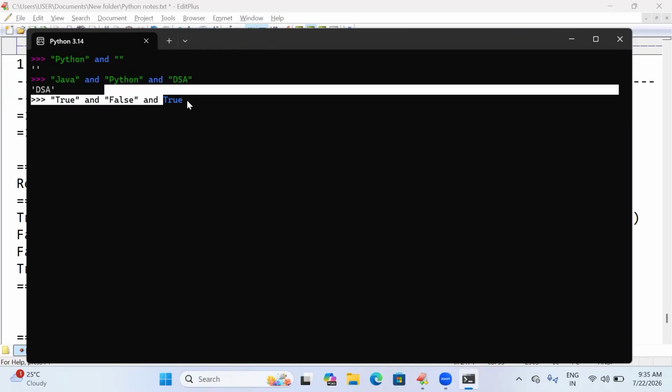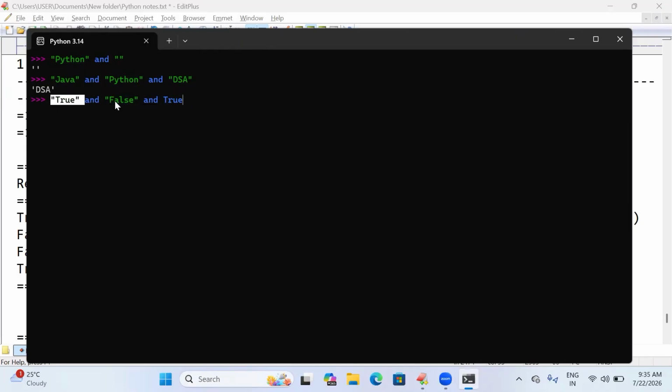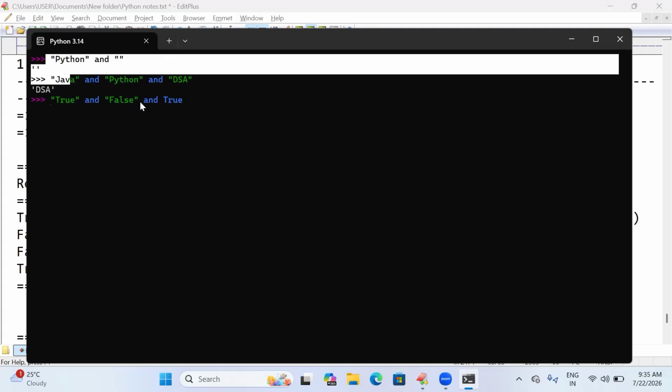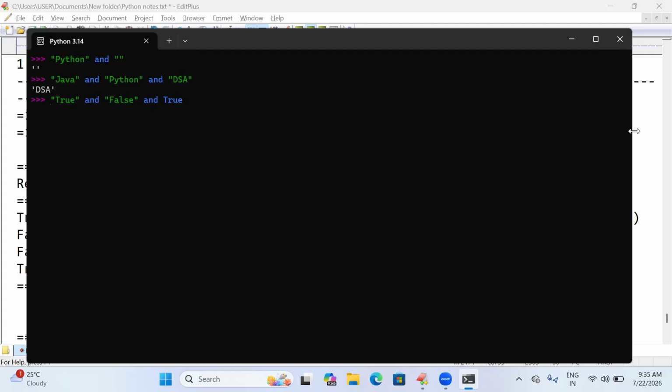True and false and true. Before I explain, understand these previous concepts and try to answer yourself. Now I'm going to explain this. This true is declared in double quotes, right? So it is a string. The length of the string is non-zero, so it is going to be true. So the PVM is going to evaluate this false. Here also we are considering the length of the string.